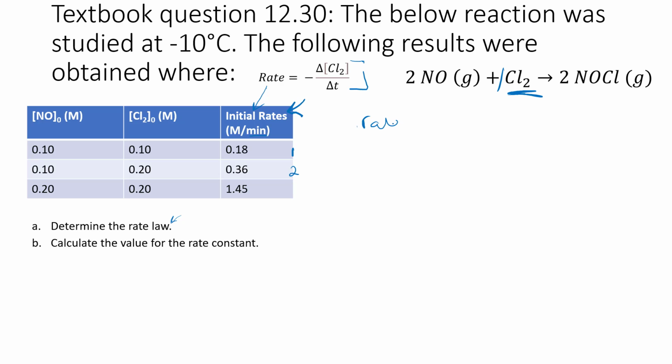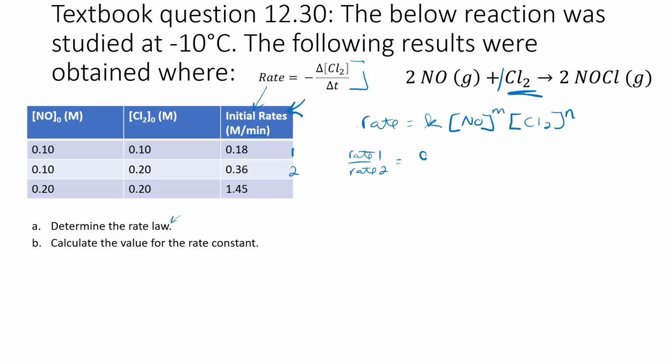So I'm going to write my rate equals my k times my concentration of my first reactant raised to some variable, times the concentration of my other reactant raised to some variable. So now rate 1 over rate 2, that's what I'm going to compare.